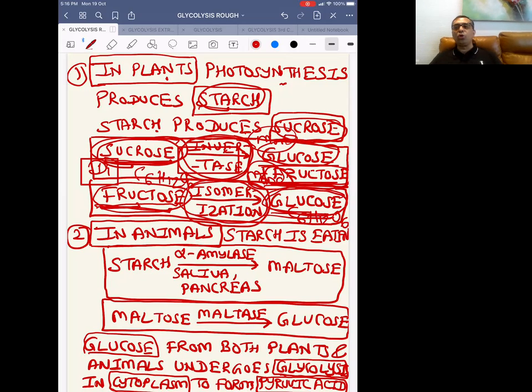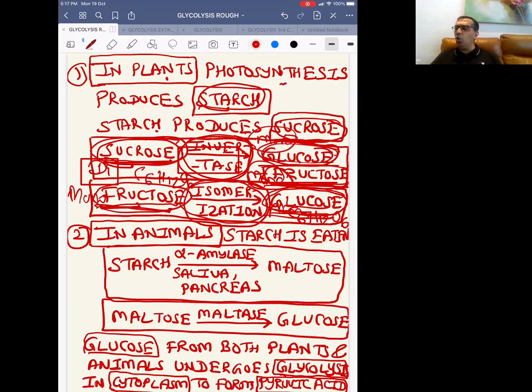So one monosaccharide, fructose, has isomerized to form another monosaccharide, glucose.